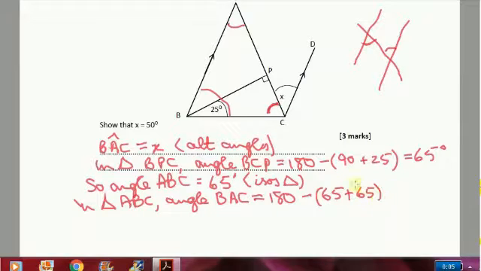So that's 180 minus 130, which is 50 degrees. But BAC, I already showed earlier, is the same as X. So therefore, X equals 50 degrees.